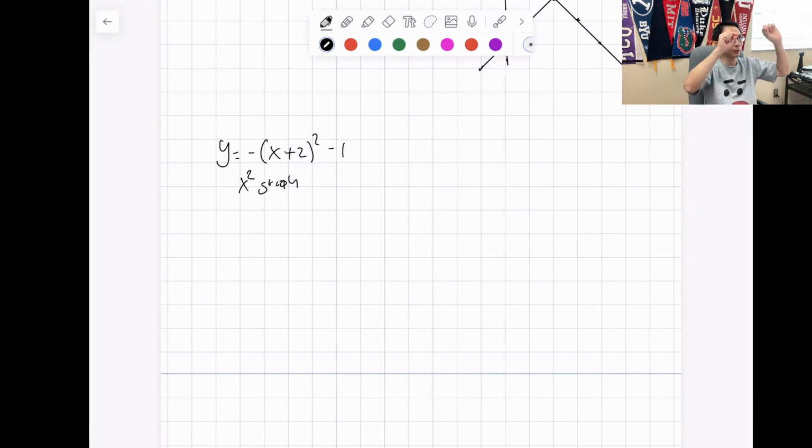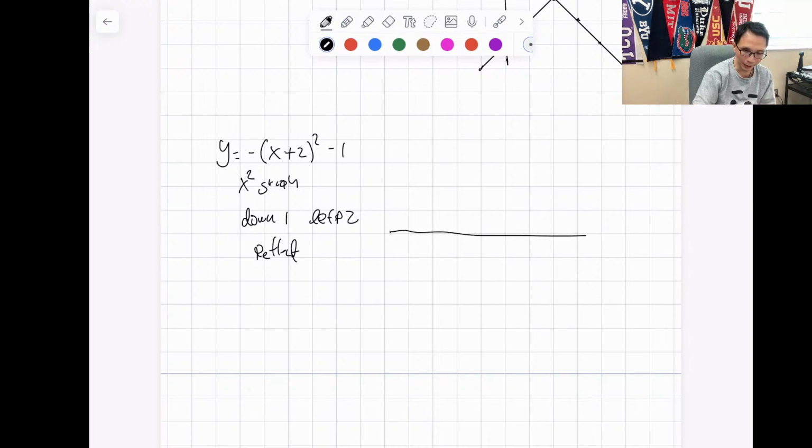It has to hit certain coordinates: 0,0, 1,1, 2,4. Now, which direction is it moving? Down 1, left 2, and reflected across the x-axis. Good.